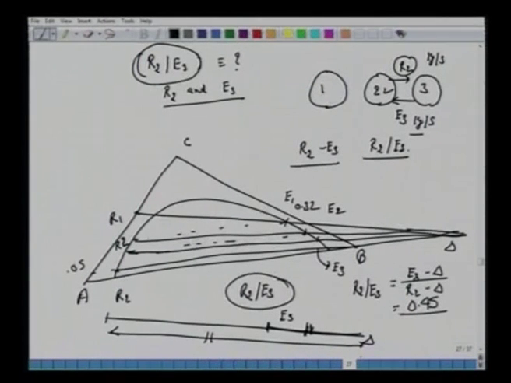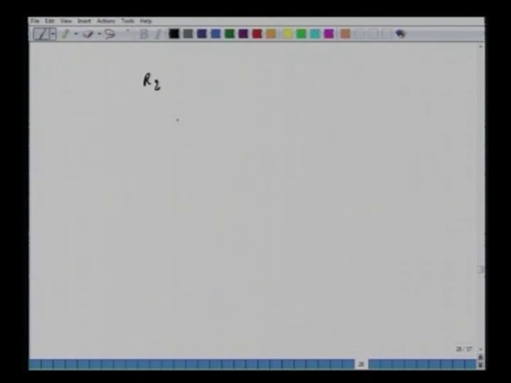Alright. Of course, if you go mathematically rigorous, we can obtain these ratios. You will start with some material balance. You will say that R2 minus E3 is equal to del. This is also equal to F minus E1, etc. Then you will write R2 into X2, you will read from the graph, E3 into Y3, you will read this value from the graph, will also equal del into X del, the coordinate of this difference point.